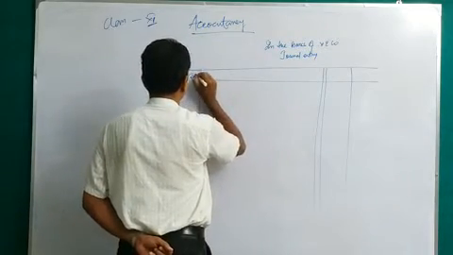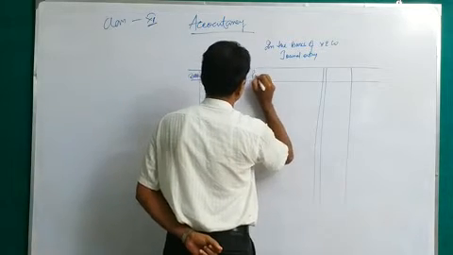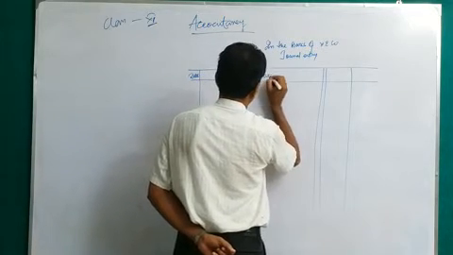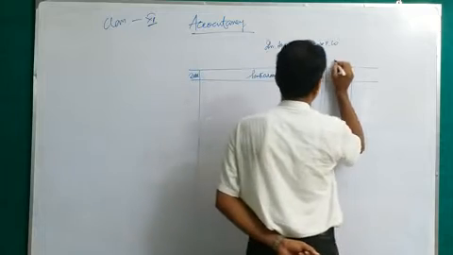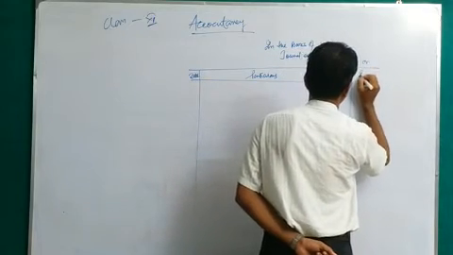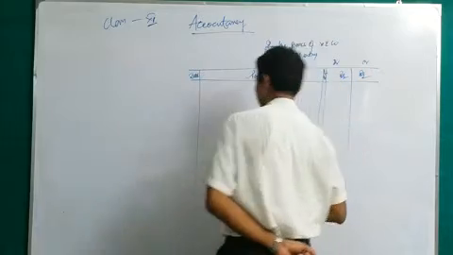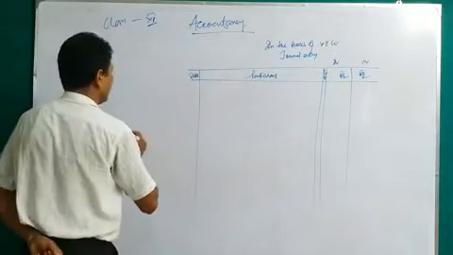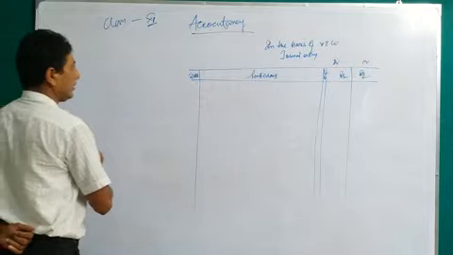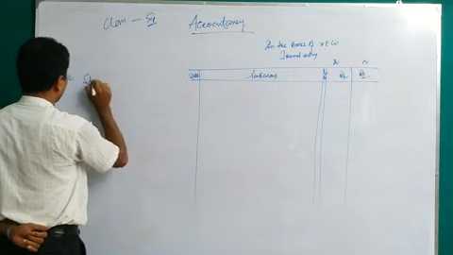Columns: date, particulars, debit, credit, rupees, ledger folio.